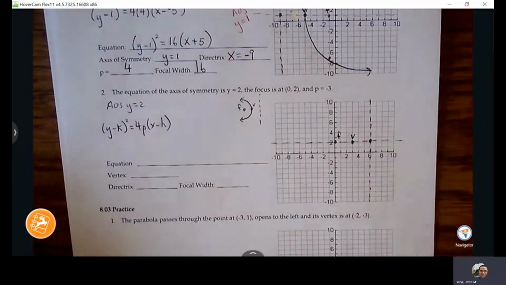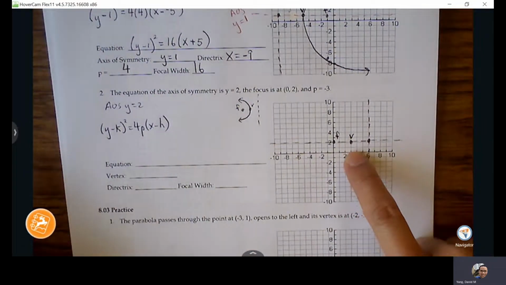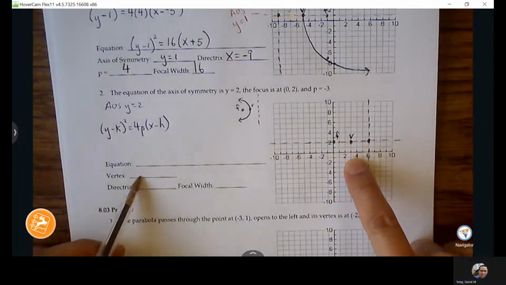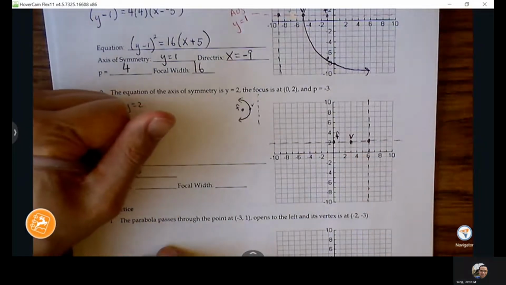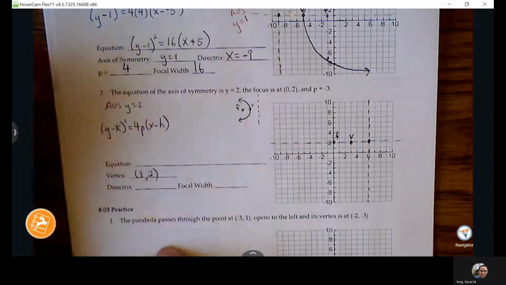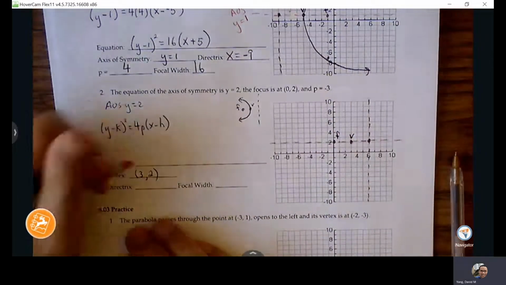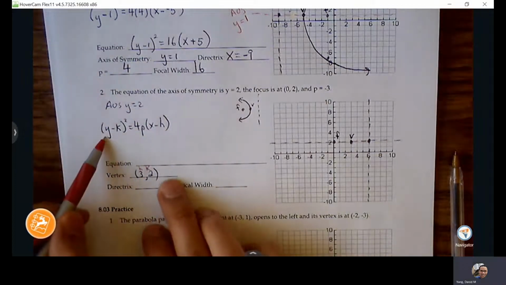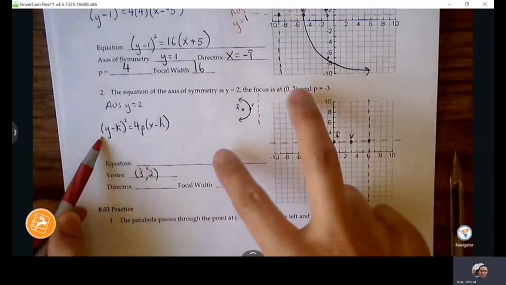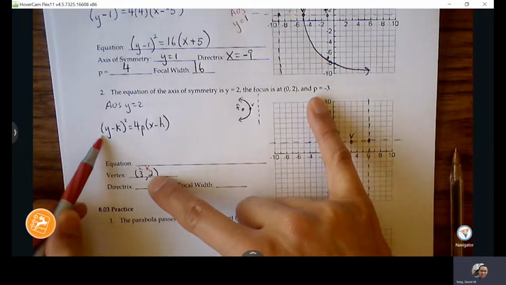Find your vertex. That's your h, k. And you can start inserting into your equation, right? You have your vertex, you have your p-value. That's all you need to get your equation written out.